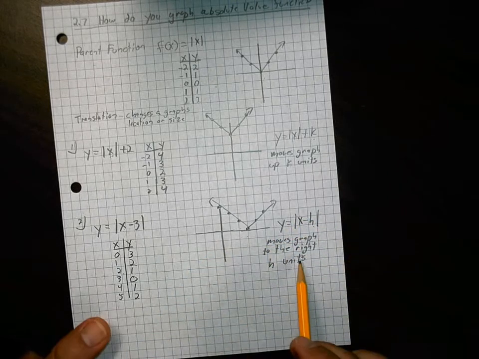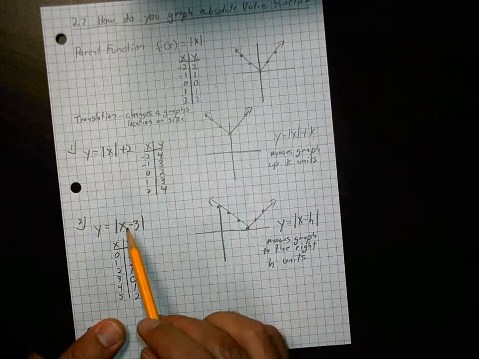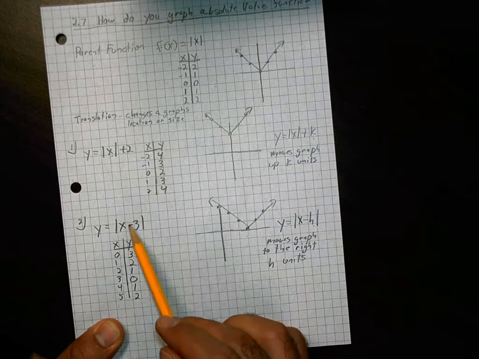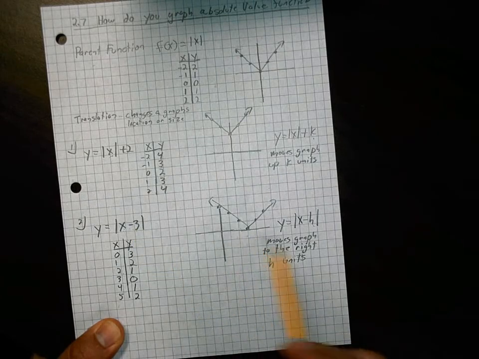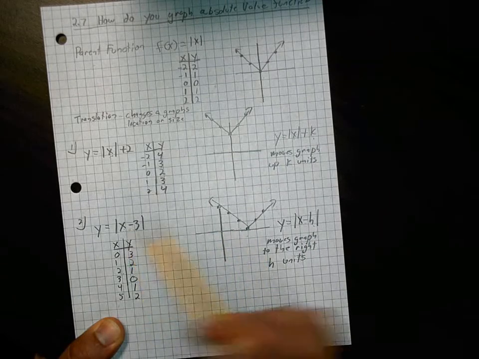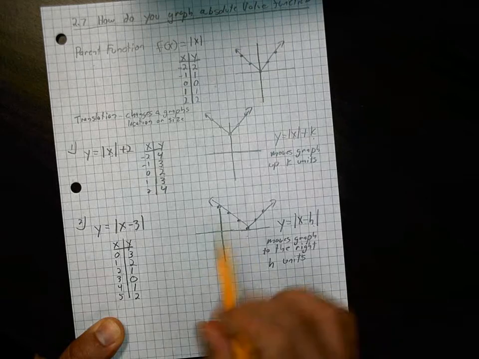Okay. That's kind of the opposite maybe of what you would think. You'd think because it's minus 3 it would move it to the left, but it's the opposite here for a horizontal shift. So if it's x minus some value, it moves it to the right. If it was a plus 3, it would move it to the left.